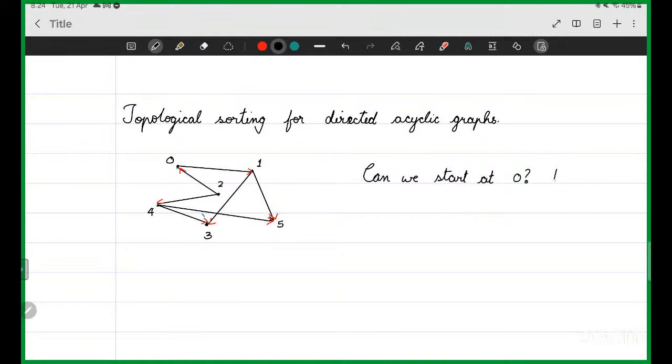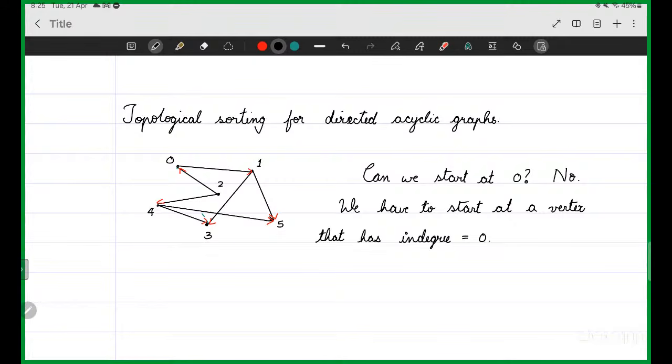The answer is no. We have to start at a vertex that has in degree equal to 0. Is this clear why this needs to be done?